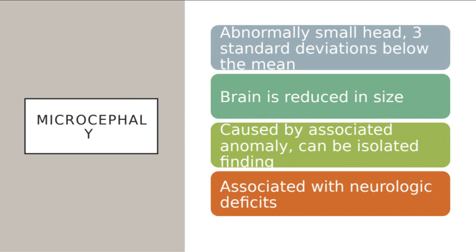Now, this can be an isolated finding, just like craniosynostosis can. It can be just an isolated finding, but usually we're going to see it associated with something else. So there's going to be some sort of genetic reason or chromosomal reason that this baby has something that didn't allow their head to develop the way that it should have.